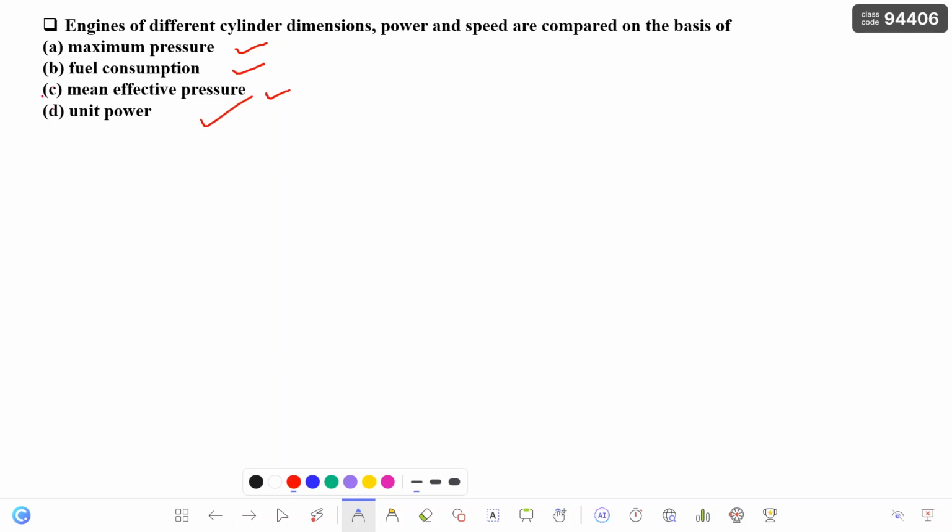It is mean effective pressure. You will be covering it in the next lecture, where you will be studying the design parameters of engine. Several of the things you will be studying: brake power, indicated power. In that case, you will be finding a term called mean effective pressure.